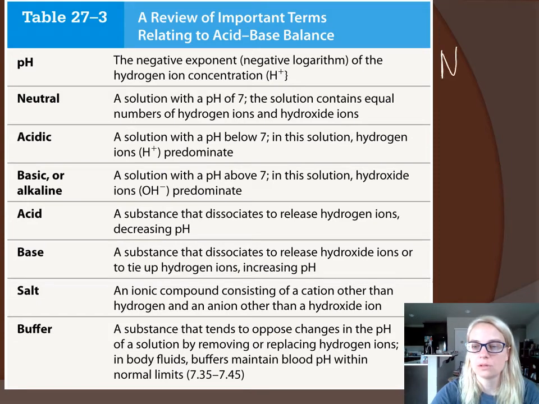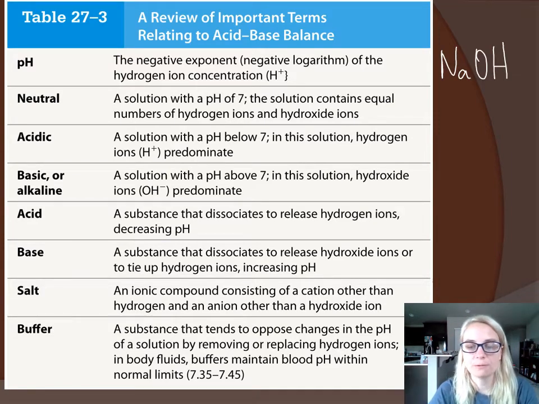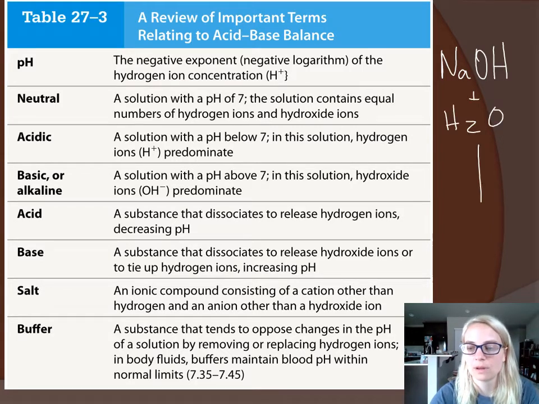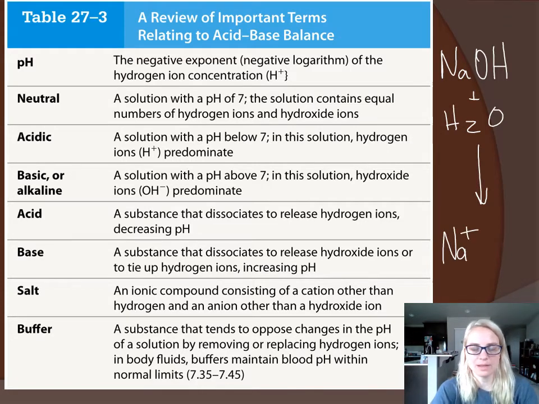If we had a base, sodium hydroxide is a pretty common base. If we mix that with water, the sodium will break apart. Sodium is just sodium. It has nothing to do with pH. But now what we have is this OH minus, called the hydroxide ion.